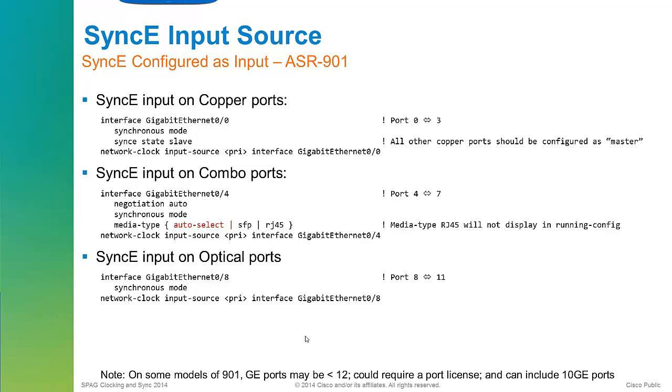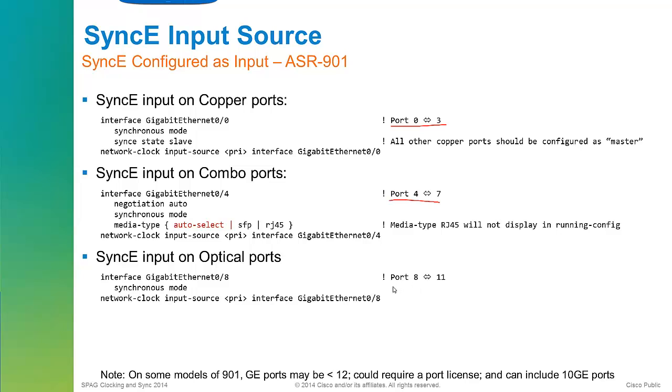So SyncE is input, ASR 901 is the first platform. There are 3 basic sets of ports on the base 903 TDM version. There's copper ports, which is port 0 through 3, which are standard RJ45. There's combo ports, which are a mixture of RJ45 and SFP.